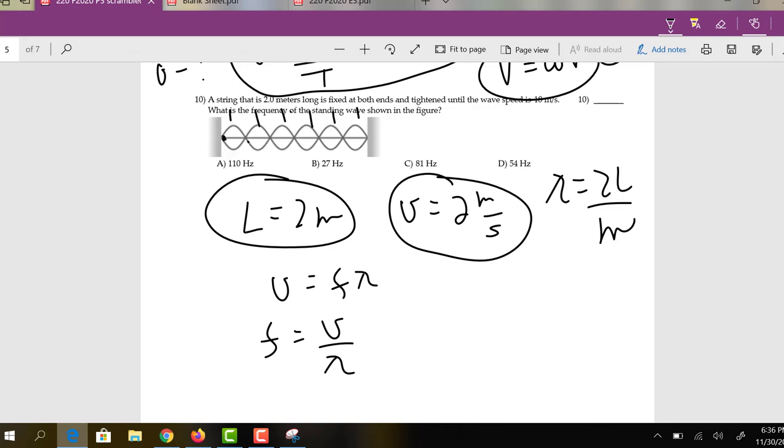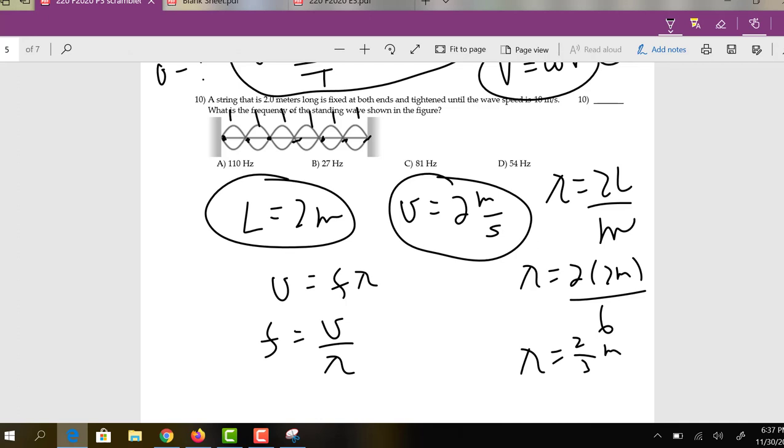The nodes are the low spots. 1, 2, 3, 4, 5, 6, 7. But m here is the number of antinodes, the high spots: 1, 2, 3, 4, 5, 6. So the wavelength is 2L divided by the mode, which is 6. So the wavelength is 2/3 meter. And then you have everything.